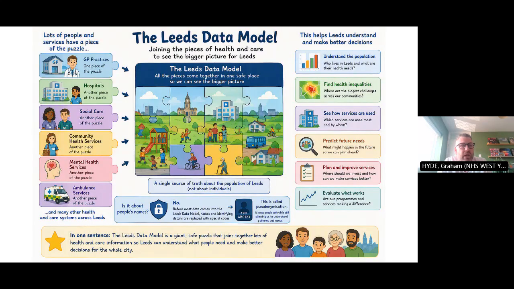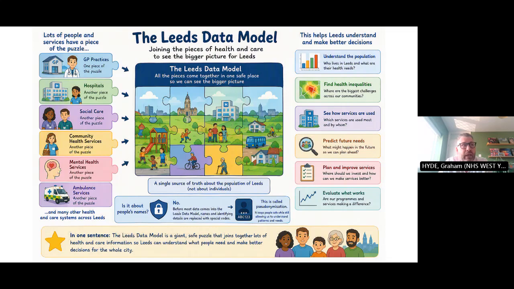So how do we know anything about the people in Leeds? We are incredibly lucky and fortunate in Leeds to have something called the Leeds data model. Imagine, if you would, Leeds as a place full of children, families, older people, vulnerable people, doctors, nurses, other clinicians, social workers, teachers, and volunteers.